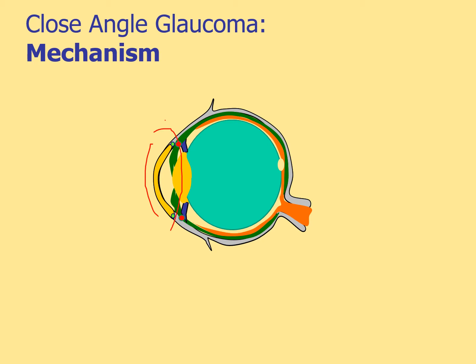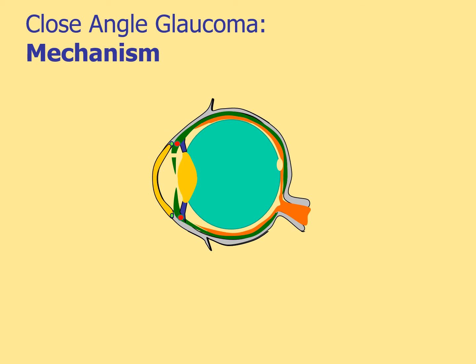Angle closure glaucoma will develop because of the pupil block, so we need to give an alternative route for the aqueous to flow from the posterior to the anterior chamber. So we are going to make a hole in the iris like here, and because of this hole the aqueous can flow from the posterior to the anterior chamber, and that will relieve the angle closure.